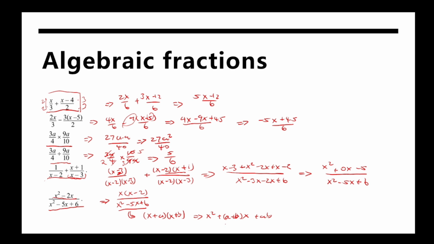So here, a + b equals −5 and a times b equals 6. a and b are −2 and −3, giving us x times (x − 2) over (x − 2)(x − 3), which cancels out the x − 2, gives us x over (x − 3).